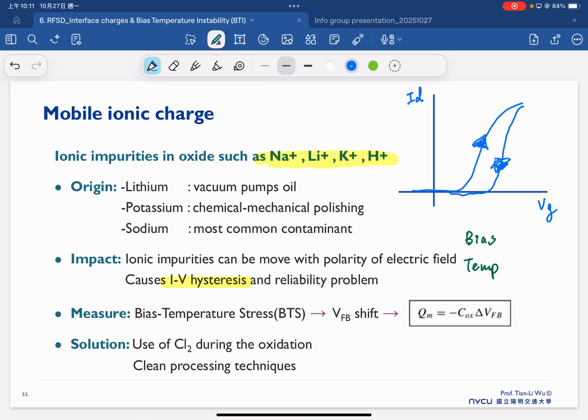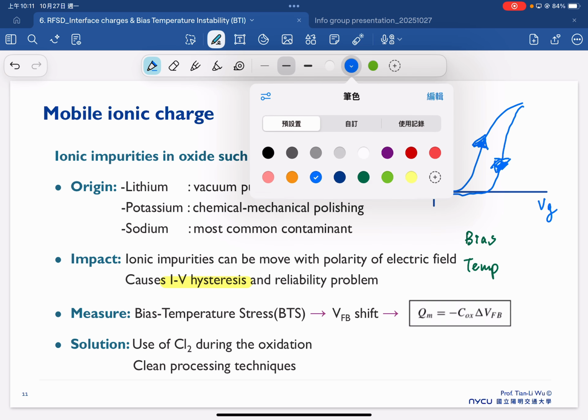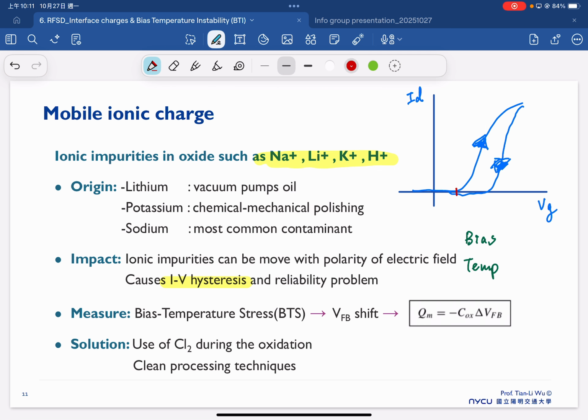Therefore we can see there's a shift of our threshold voltage between the low to high and high to low sweeps. The difference between these threshold voltages we define as delta VTH. Thus we call this hysteresis.